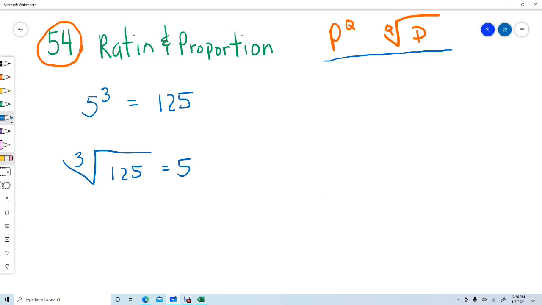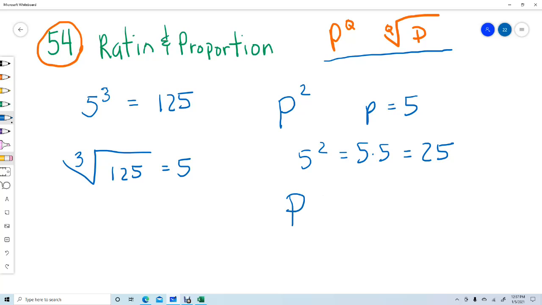Okay, so some of the problems you had in the past may have looked like this. They might have said p squared where p equals 5. And so you would have had to take the 5, put it in for p, and solve it. That would be 5 times 5, and that's just 25. But in this lesson, they're going to have 2 variables, and you'll have to put 2 numbers in for both variables. Let me give you an example.